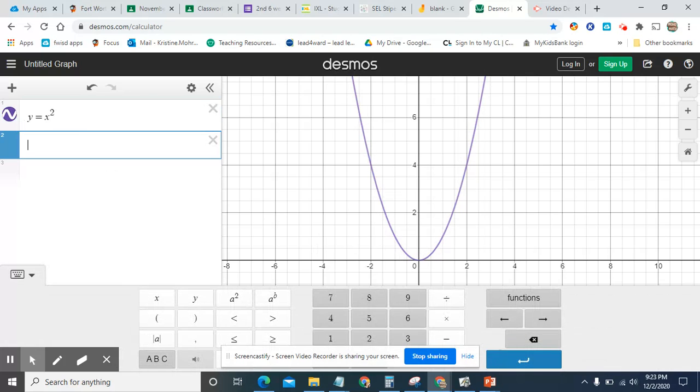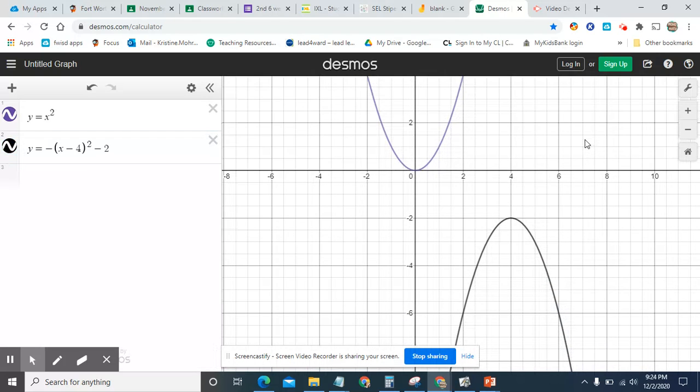And then we have the new equation that we wrote: y equals negative, parentheses, x minus 4, close parentheses, squared, -2. If we look, we're basically comparing our two vertex points. You can see one vertex is here at 0, 0, and the other is at 4, -2.